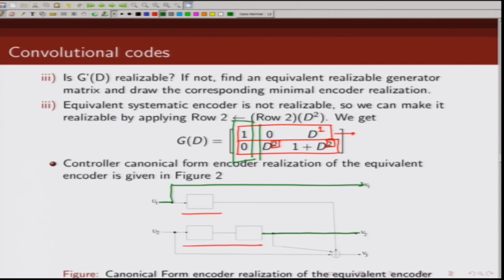So, this is my second output, and the third output is D times U1(D), which is this one, and 1 times U2(D) and D square times U2(D). So, that is this. This is our third output.